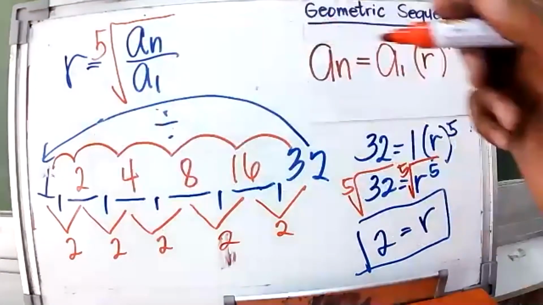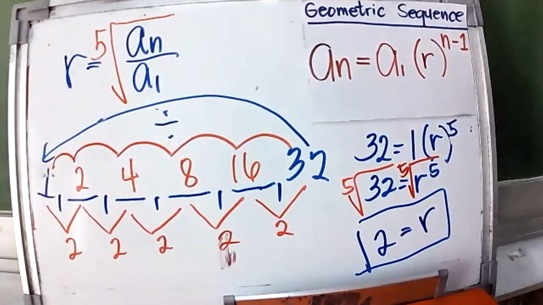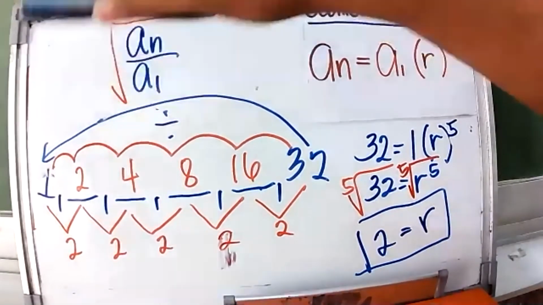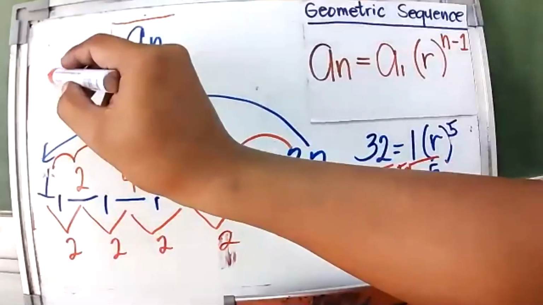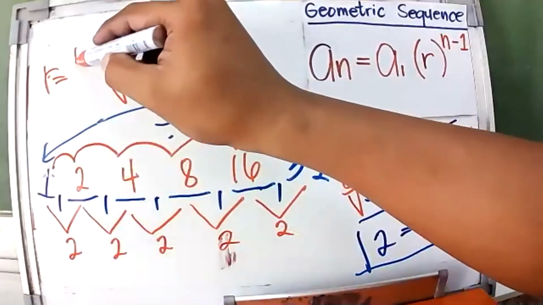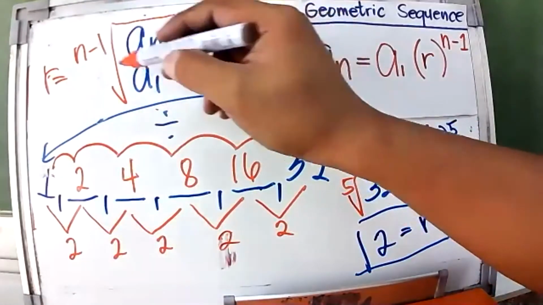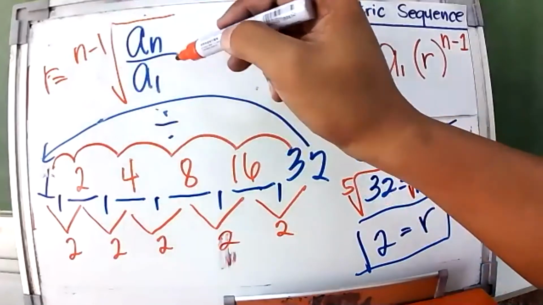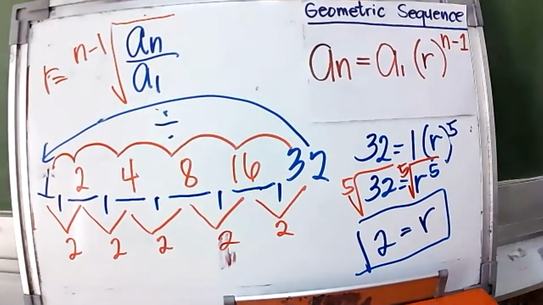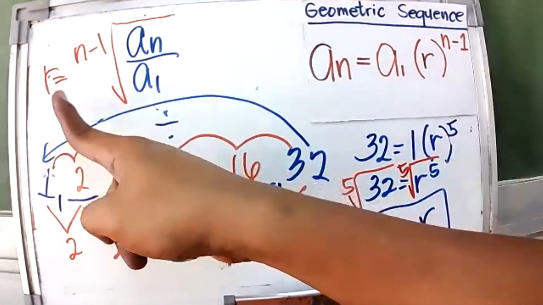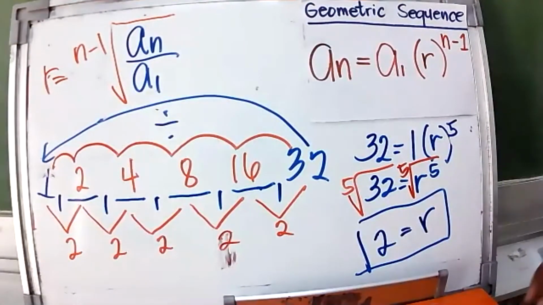So, this is the process for the formula. Let's fix it. r is equal to the (n minus 1)th root of a sub n over a sub 1. Okay? We have added a new formula, but that's a lot easier to do if we know the process.